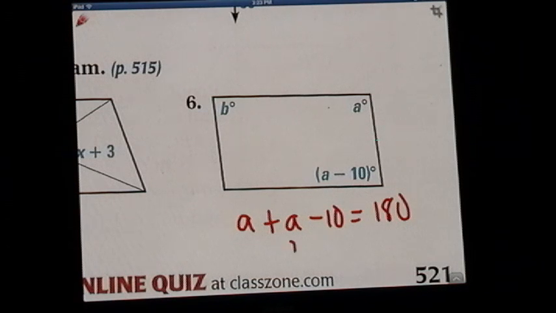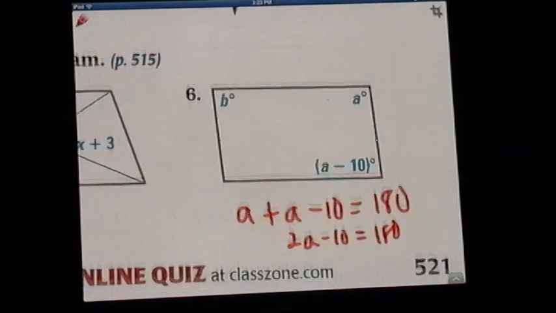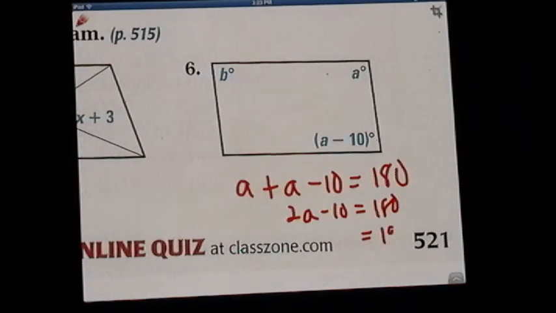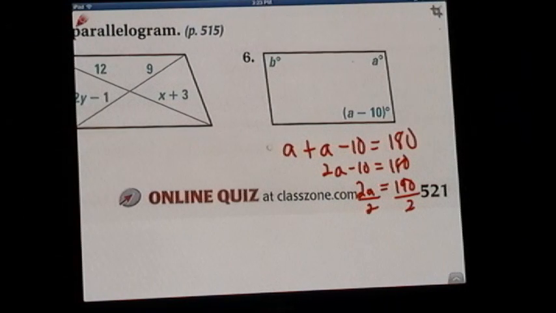That means 2A minus 10 is 180. Adding 10 to both sides, we get 190. So 2A equals 190, and we divide by 2, and A is equal to 95. If A is 95, then this one has to be 85.